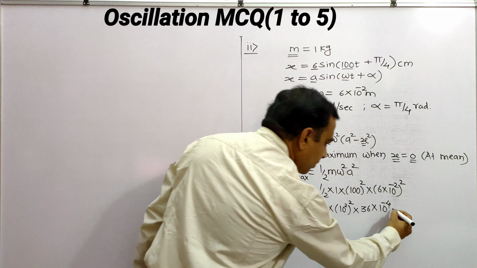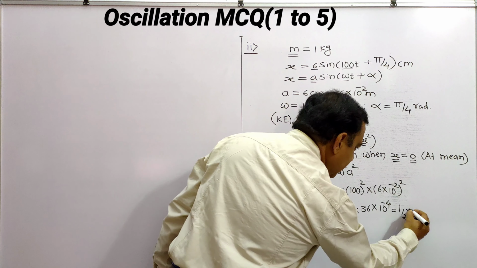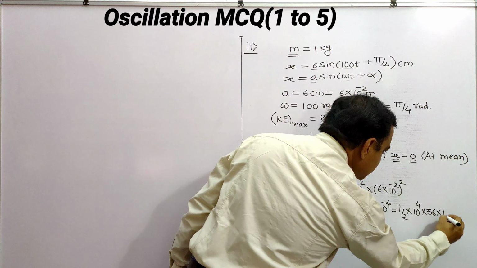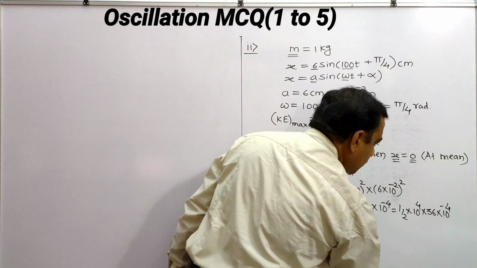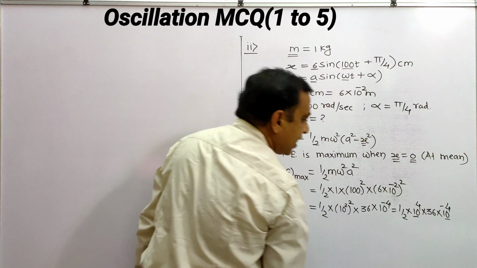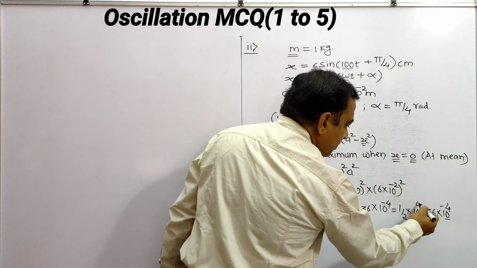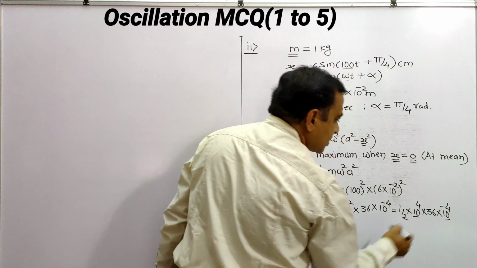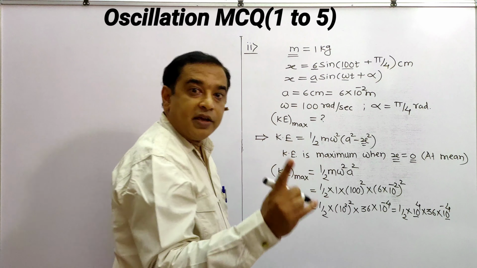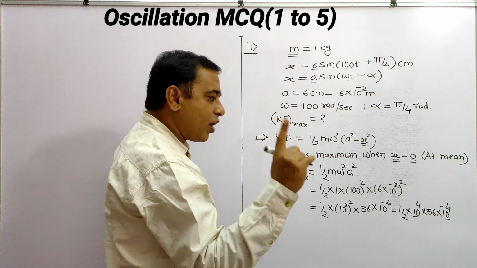And here 10 raised to power 4, that means 1 by 2 into 10 raised to power 4 into 36 into 10 raised to power minus 4. Obviously in multiplication powers get added. So the remaining power is 10 raised to power 4 minus 4, which is 10 raised to power 0. Any number raised to power 0 is equal to 1.